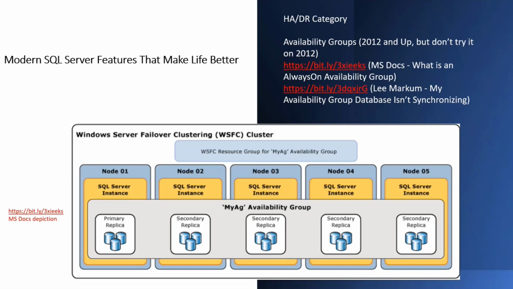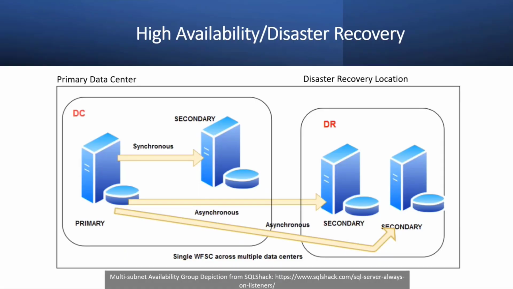So the movement of the data between the primary replica and the secondary replica actually sets us up to talk about the next thing, which is using availability groups for disaster recovery. Disaster recovery to a remote location using availability groups, I feel like is relatively easy to do with Always On availability groups.